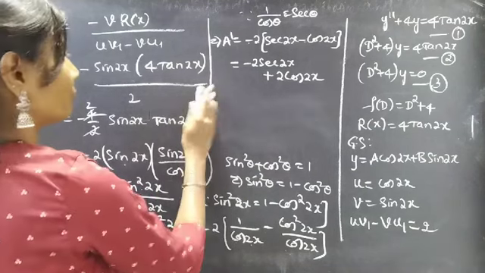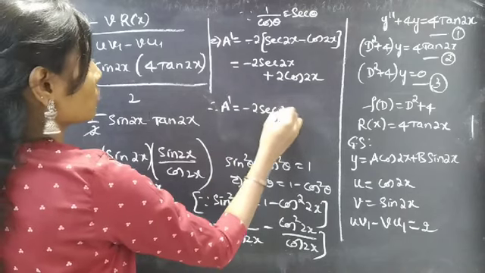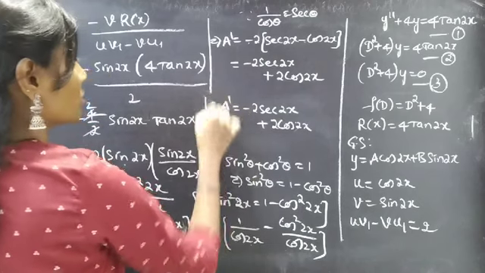Therefore, a dash equals minus 2 secant 2x plus 2 cos 2x.